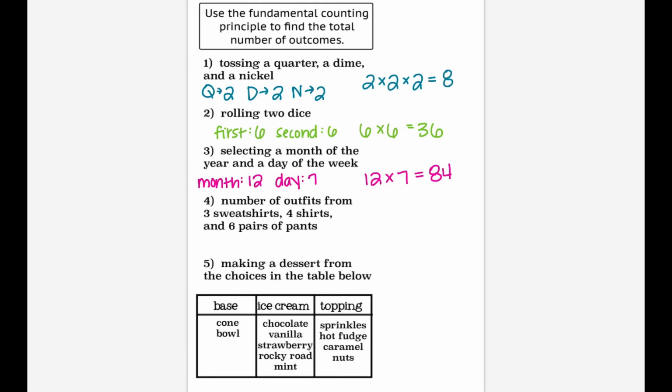Right, what about how many outfits from 3 sweatshirts, 4 shirts, and 6 pairs of pants? Okay, well, I have 3 sweatshirts, 4 shirts, and 6 pairs of pants. Multiply those together and you get 72 possible outfits.